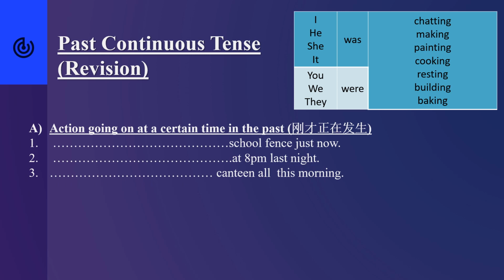One more time. 今天整个早上，我们都正在 canteen 谈话。So this is sentence number 3. So A, action going on at a certain time in the past, 就是强调那时候正在发生的, and we use the past continuous tense.